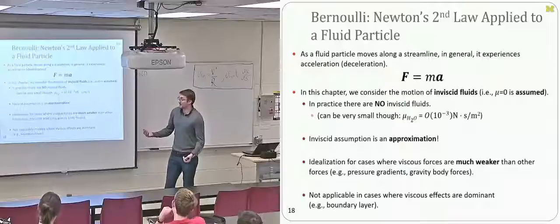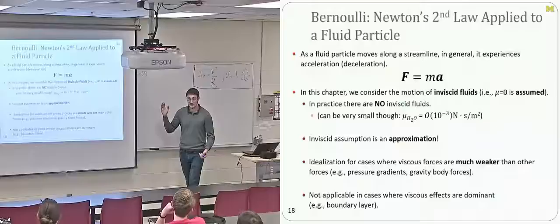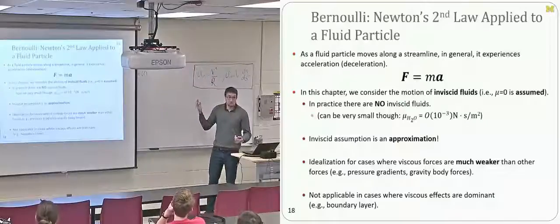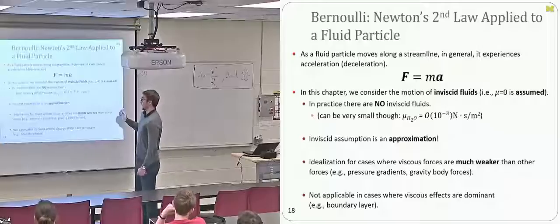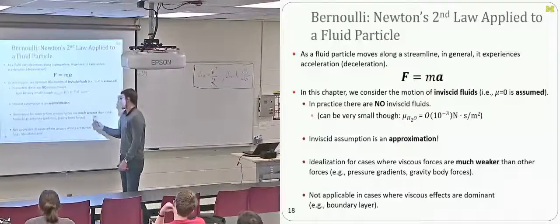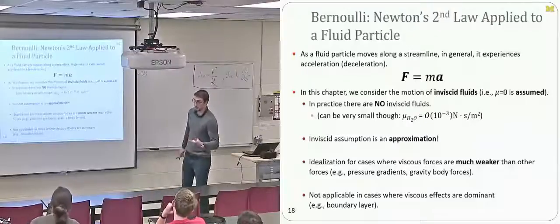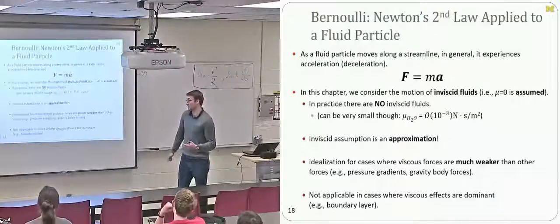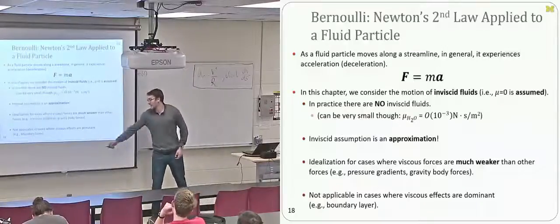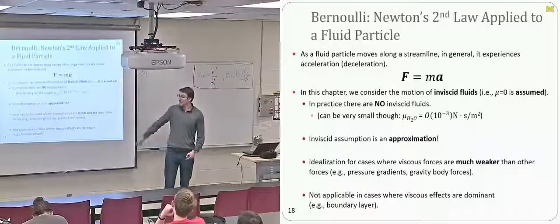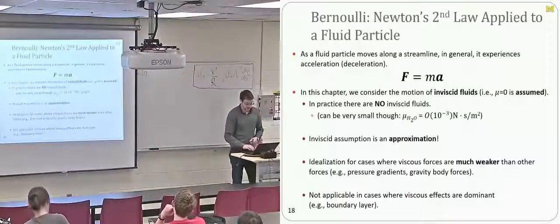Pretty frequently, folks in aerospace drop viscosity altogether because the Reynolds numbers are really high and the flow is even less viscous than water. So this is a good idealization for cases where the viscous forces are much weaker than the other forces present on the fluid, these being body forces and surface forces due to pressure gradients. As I mentioned, boundary layers are one example where this entire analysis, and thus Bernoulli's equation, are a big no-no.